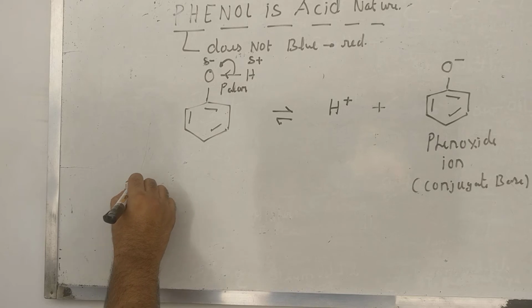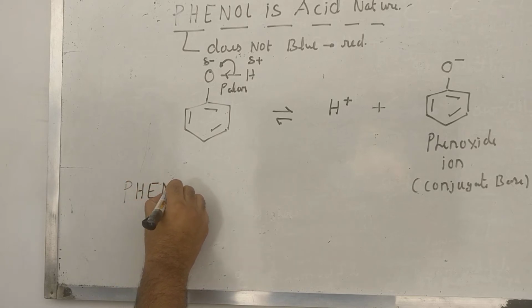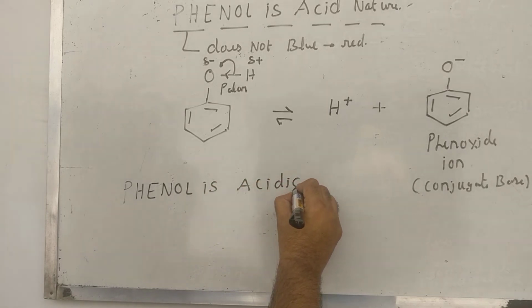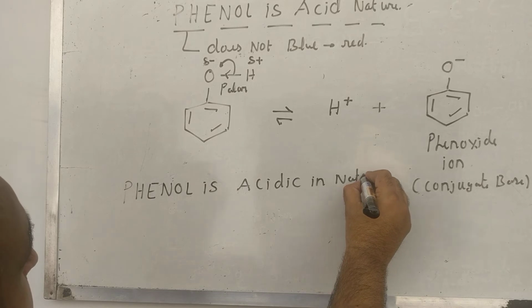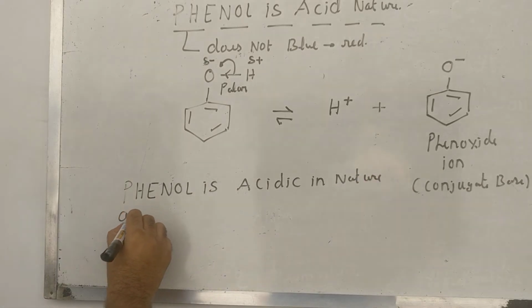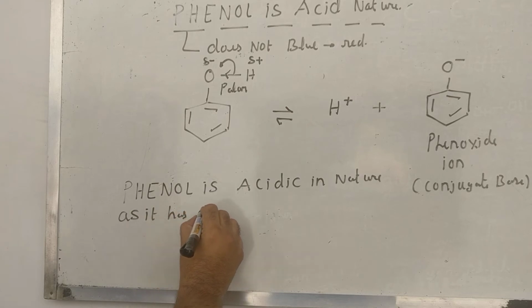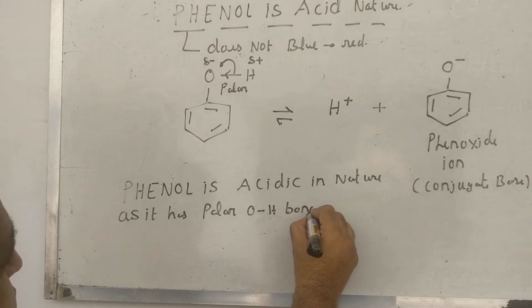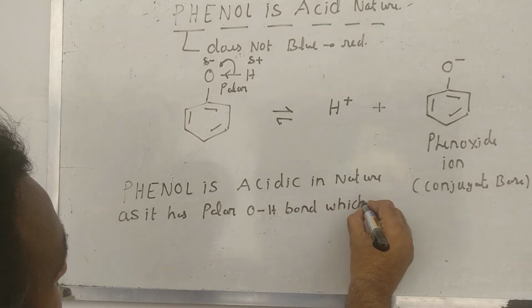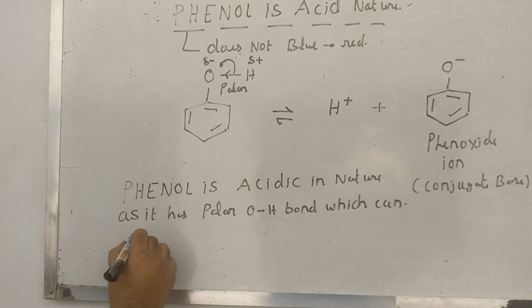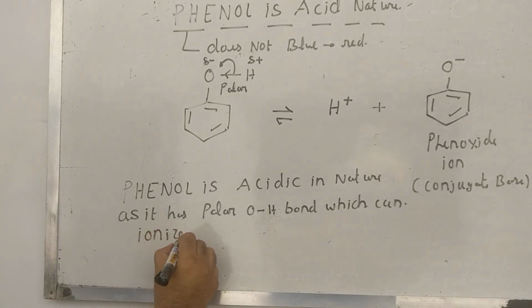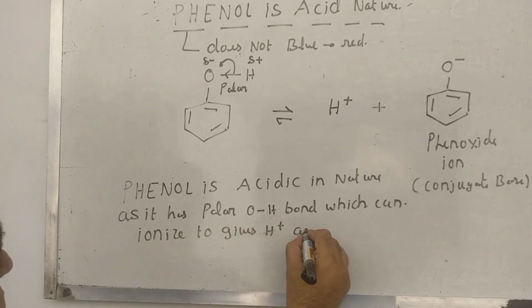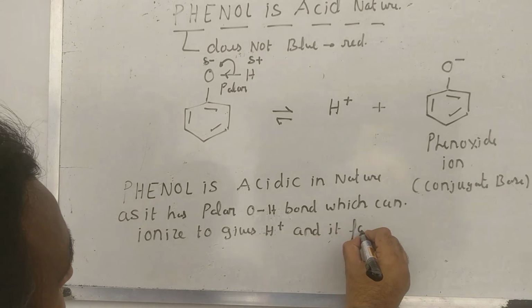So we can write down: phenol is acidic in nature as it has a polar OH bond which can ionize to give H plus ion, and it forms phenoxide ion.